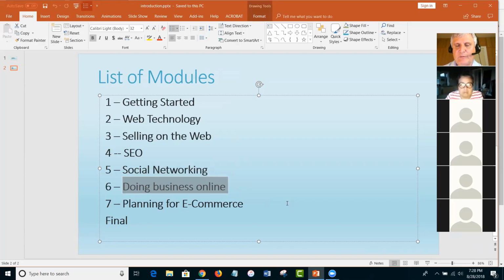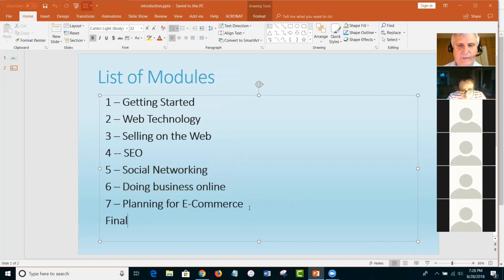So what are the best tools to use to make sure that you get paid online, and then legal issues that are involved with doing business on the internet. So, for instance, there's a lot of things that people need to be aware of in the legal realm that could really trip you up if you don't dot all your I's and cross all your T's.